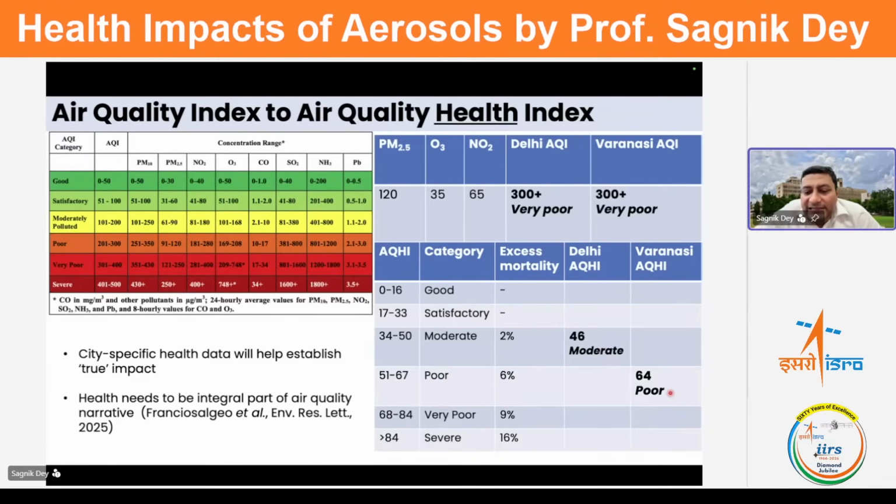We must bring health in when we talk about air quality. And now, if you have data from any other city, any other village, any other geographical area, you can use this framework and check what the air quality health index should be in your area compared to the air quality index that we focus on.